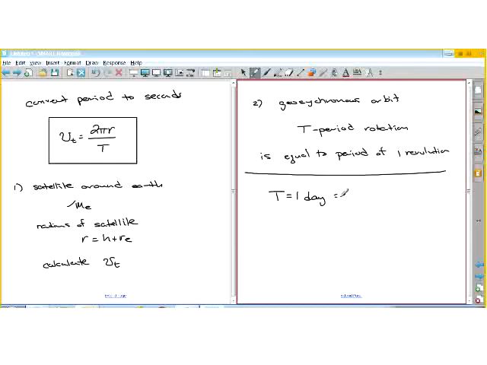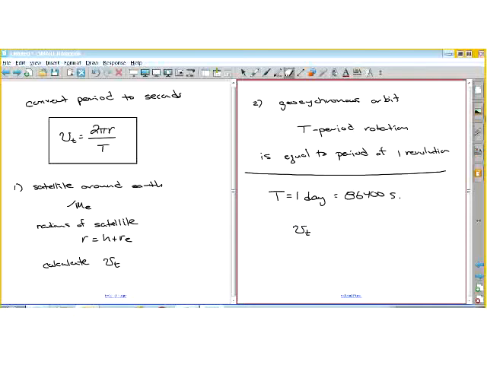And so if you take 1 day and you figure out how many seconds, well, there's 60 seconds in a minute, times 60 minutes in an hour, times 24, which is 86,400 seconds.